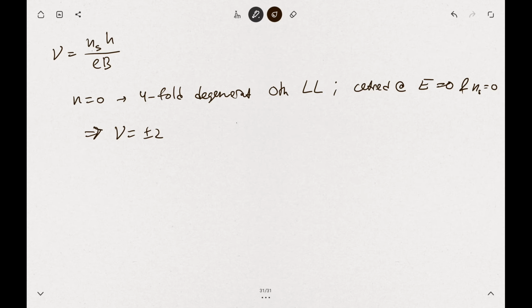So we can draw this on the energy scale. This will be our, we use G, right? Density of states, and let's use this one to be 0.